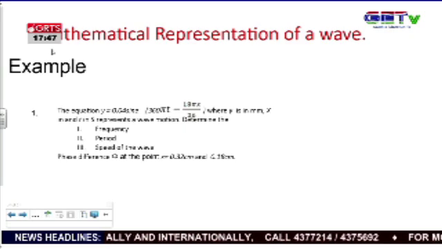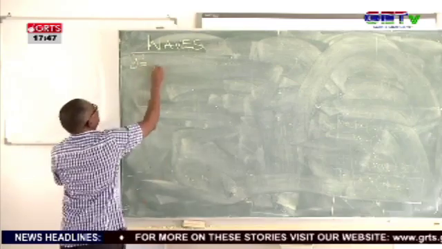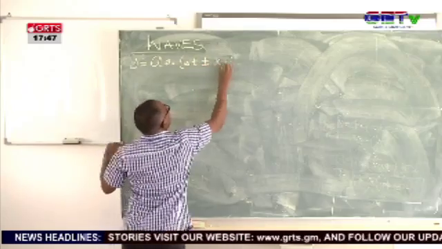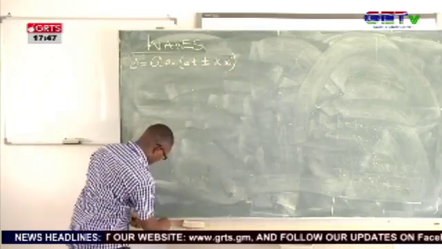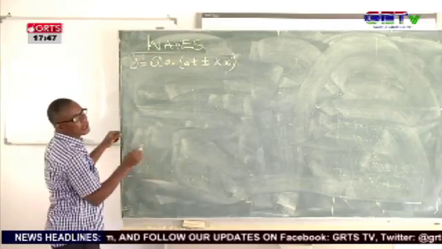Now remember, from that equation, we were able to look at the path difference, the relationship between them. So remember that the equation is giving us y equals a sine omega t plus or minus kx. So now with that, we can compare that equation. Look at the question on the board.